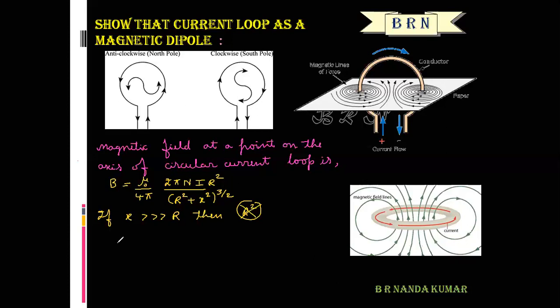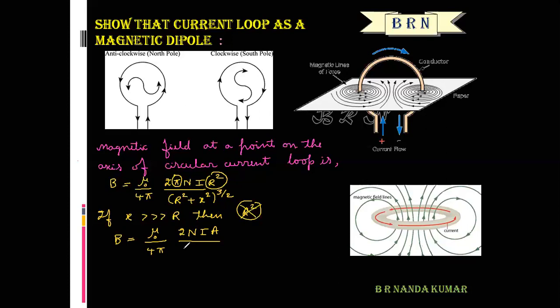Now this expression becomes B is equal to mu naught divided by 4 pi, 2 pi R square. So pi R square, actually this is the area of circular loop, is it not? So N I into A. What is the meaning of A? A is the area of the circular current loop.